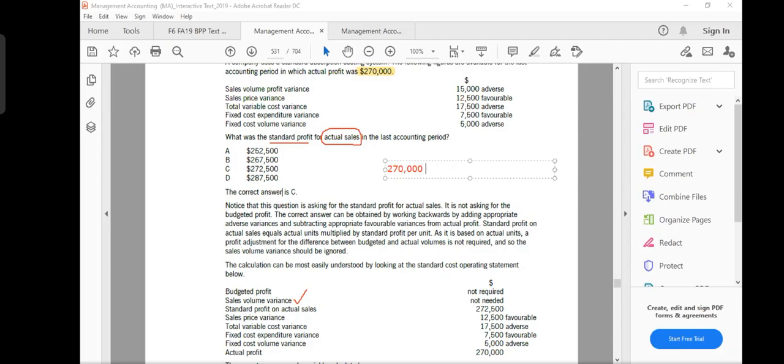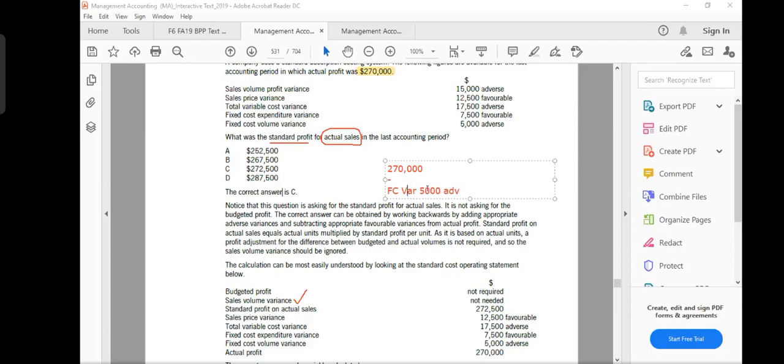No, sir. I'm so sorry, I didn't understand this. When I say that fixed cost variance is 5,000 adverse, what does that mean? Profit was 5,000 less.